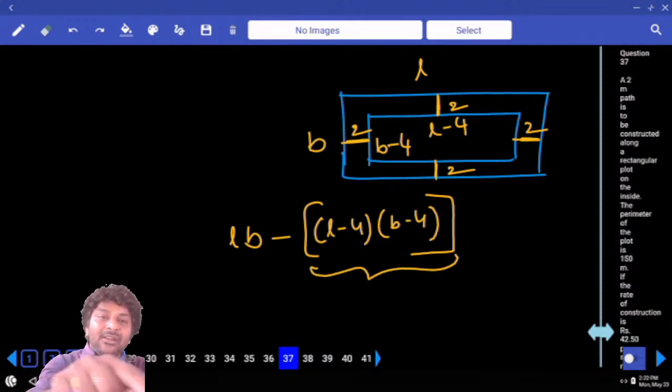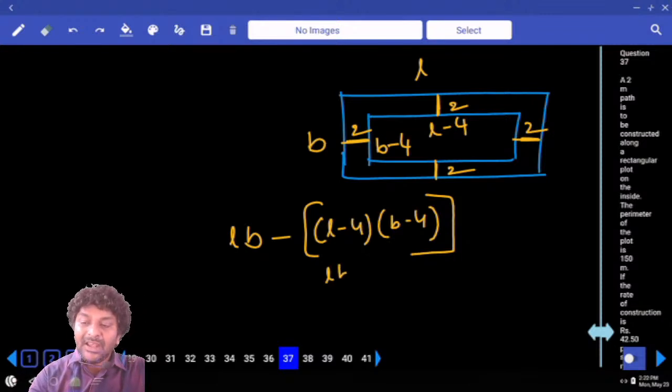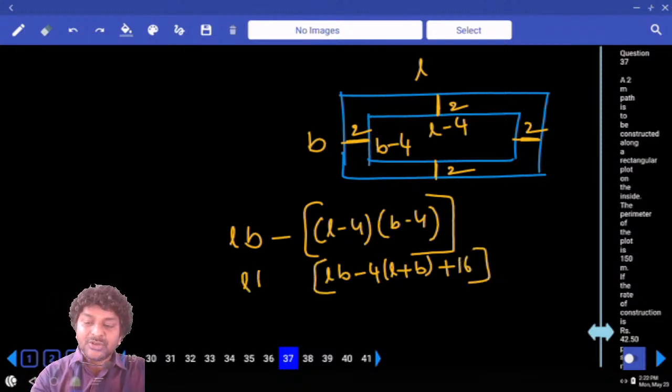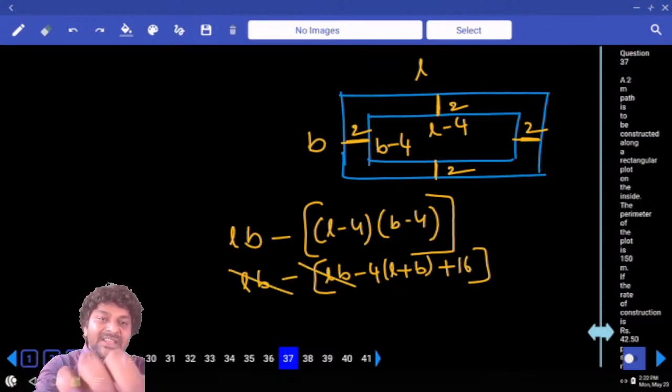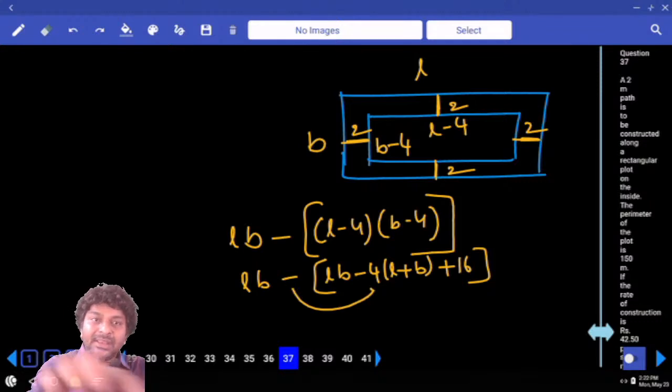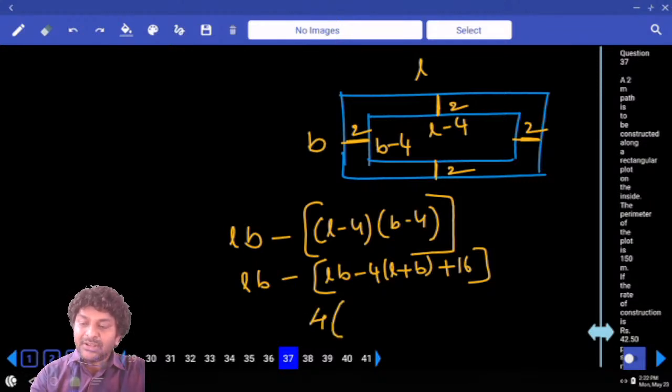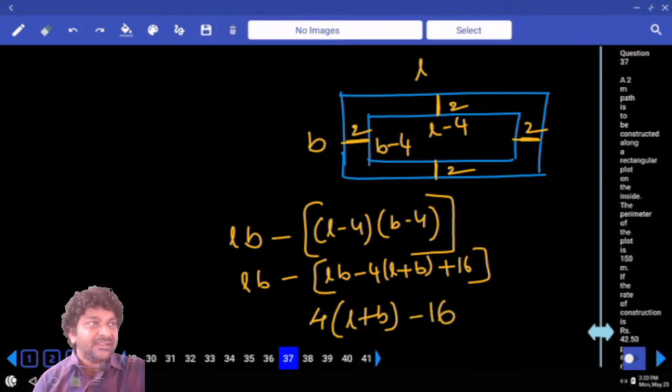If you simplify this, you will get it. Now inside the bracket, how much do you get? LB minus 4 times L plus B plus 16. This value comes in the bracket, and that should be subtracted from LB. LB minus LB gets cancelled. Minus of minus, that is 4 times L plus B. Minus of plus, minus 16.